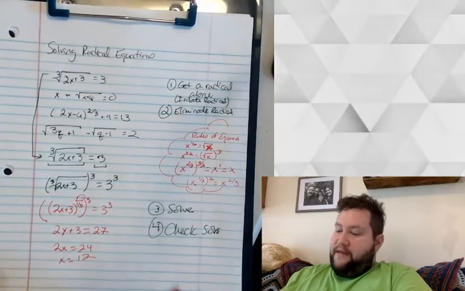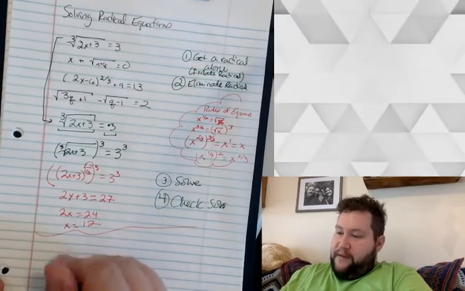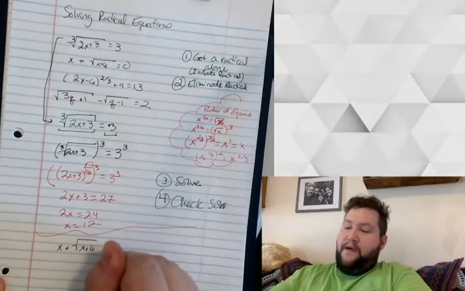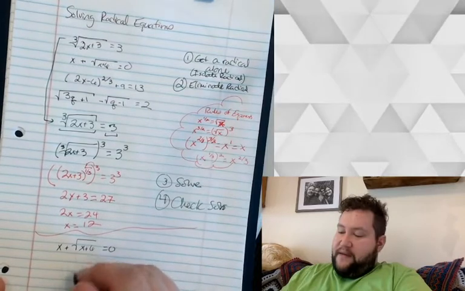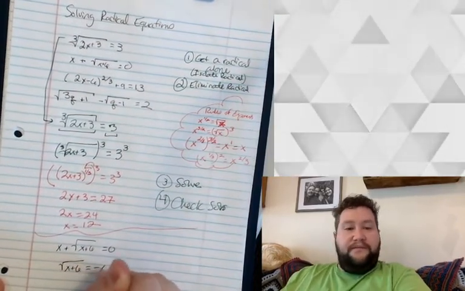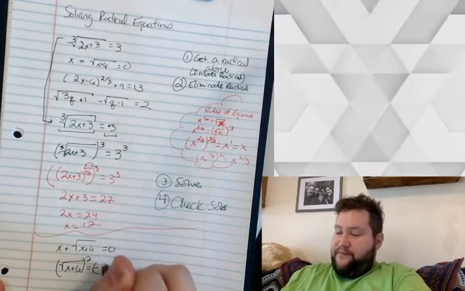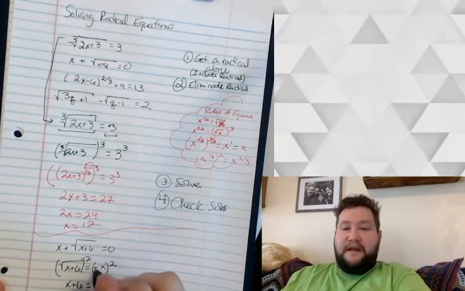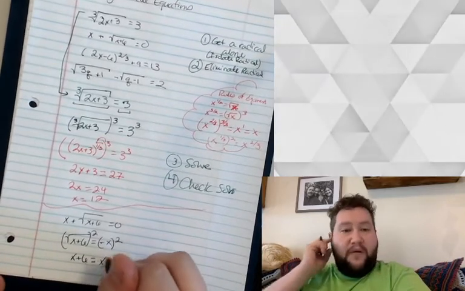So if we look at that second example I have up there, x plus the square root of x plus 6 equals 0. We need to isolate that radical first. So go ahead and subtract that x to the other side. We get the square root of x plus 6 equals negative x. To undo a square root, we square both sides. x plus 6 equals negative x times a negative x, which is always x squared, and it will always be positive.